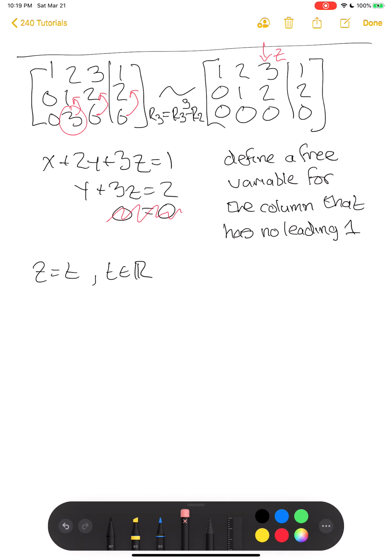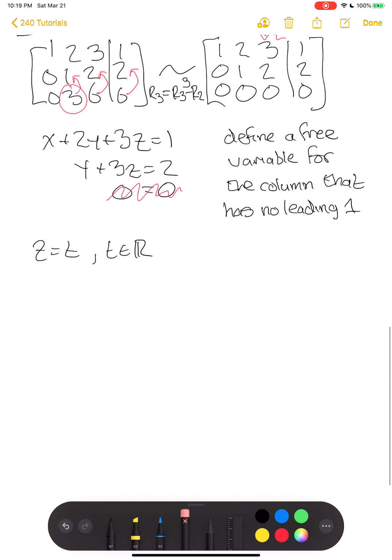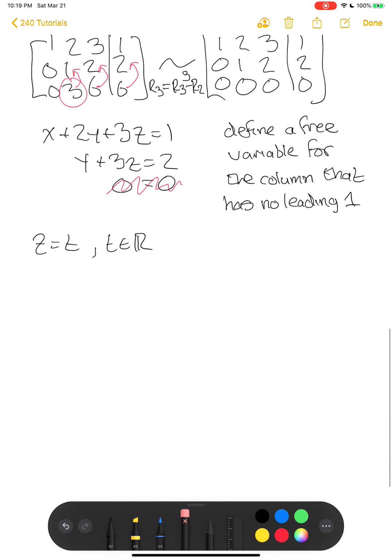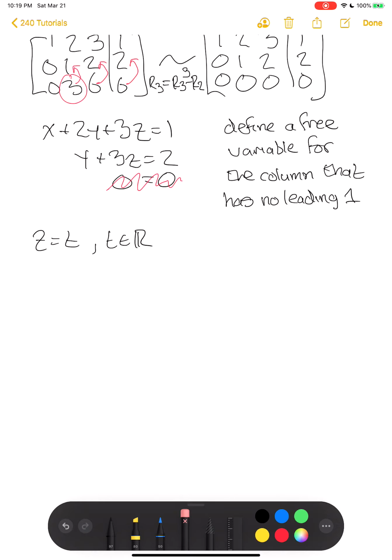So all this lets us do is figure out what the form of the infinitely many solutions is going to be. Okay, so I can plug in t for z, and I'll get y. I'll start with the top one: x plus 2y plus 3t is equal to 1, and y plus 3t is equal to 2.